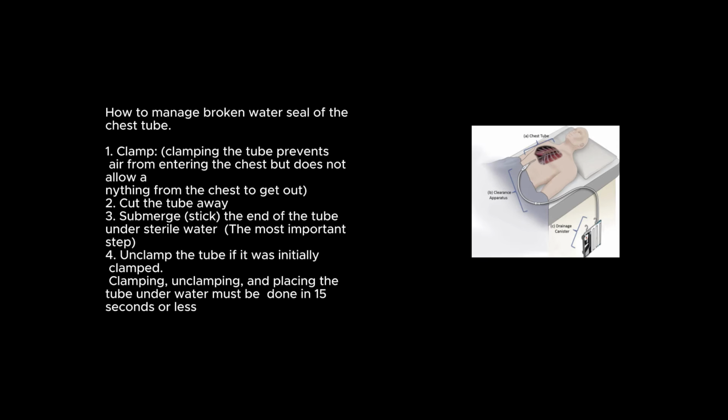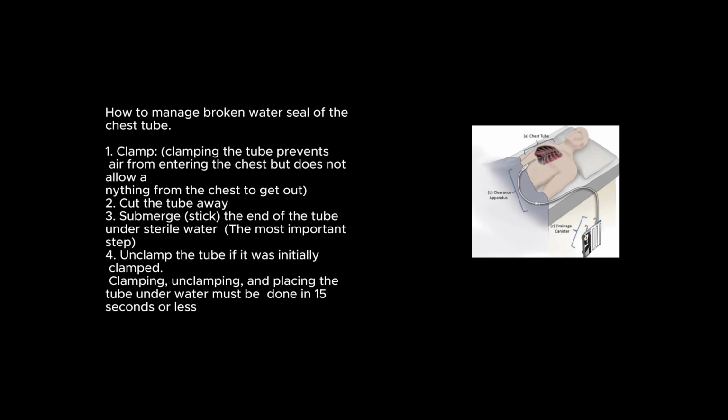The purpose of clamping is to prevent air from entering into the chest. After clamping, the next thing is to cut the tube away. After cutting the tube away, the next thing is to submerge the end of the tube under sterile water.